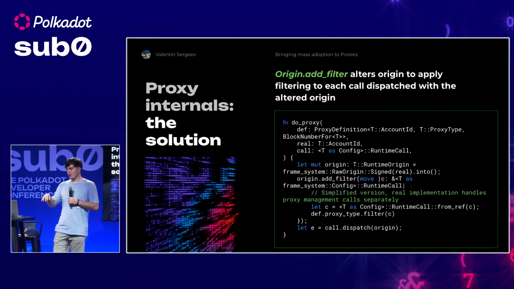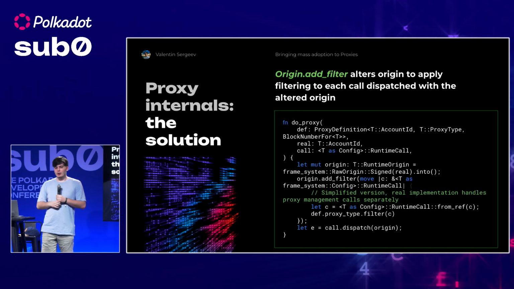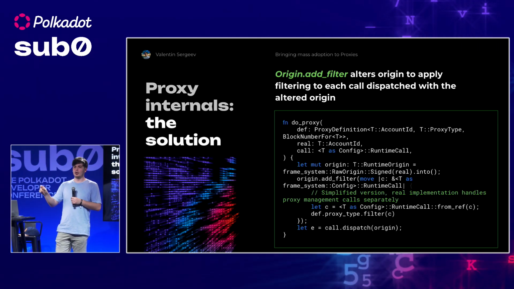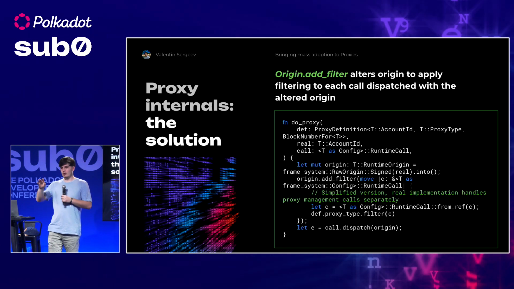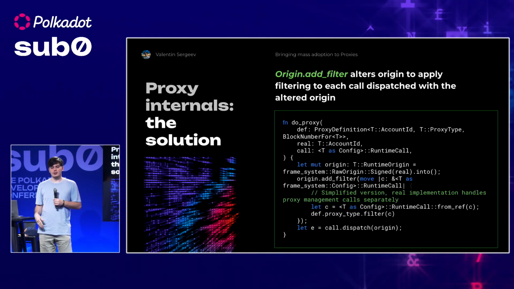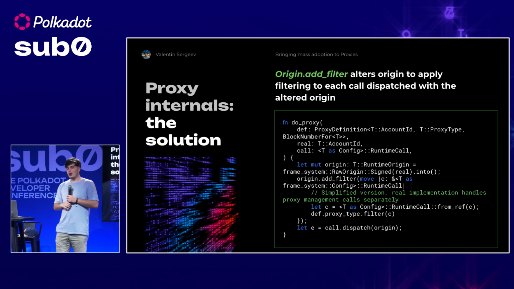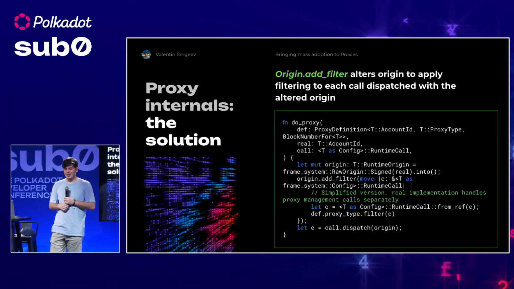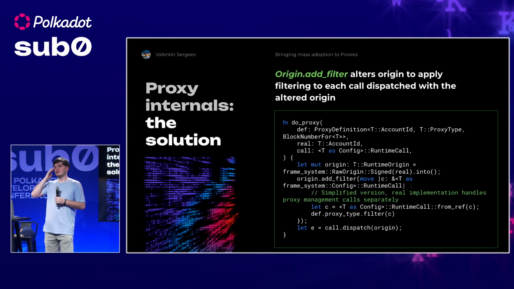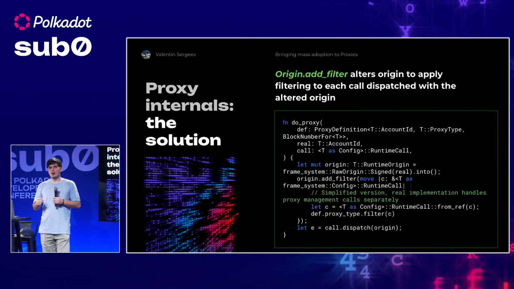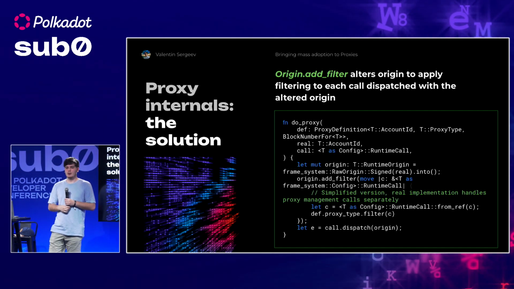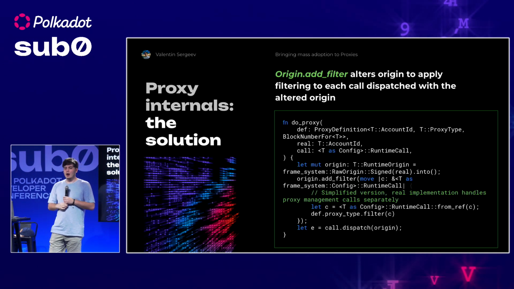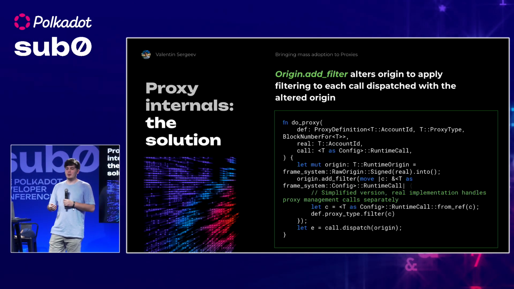When implementing a call in a pallet, for a nested call you can choose to create a completely new origin, thus dropping all filters that were passed to you initially. This is how multisig works, for example, because multisig is meant to execute with full access. So if you do proxy and pass a multisig operation inside it, the real operation won't be limited by proxy rights.